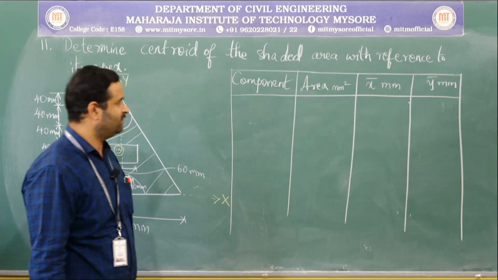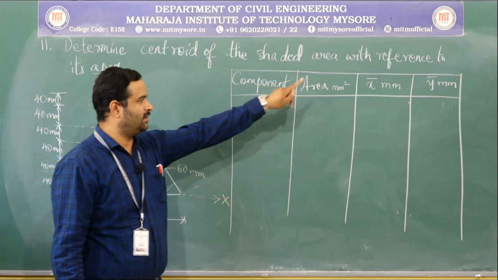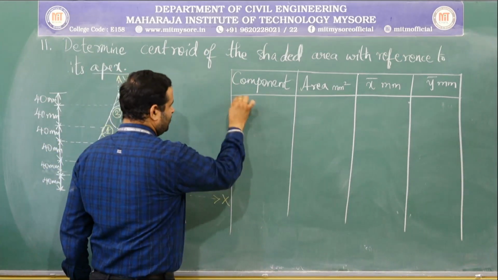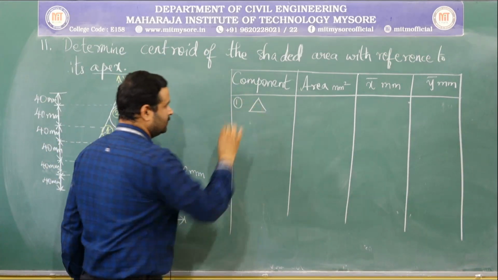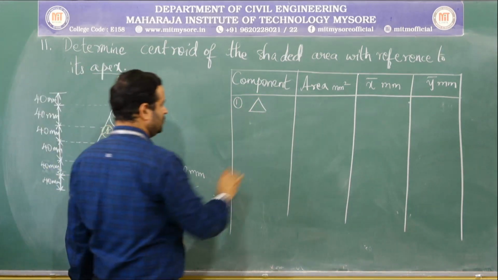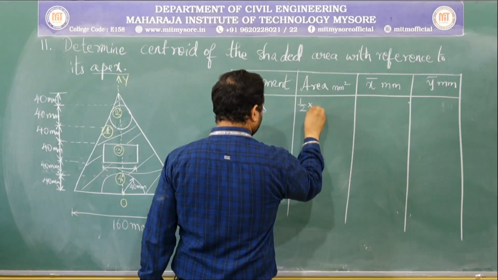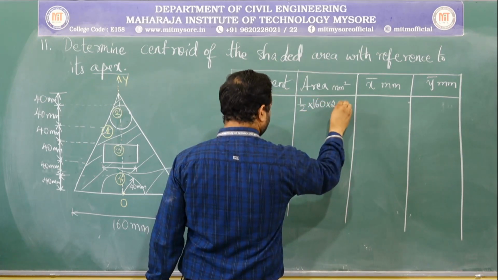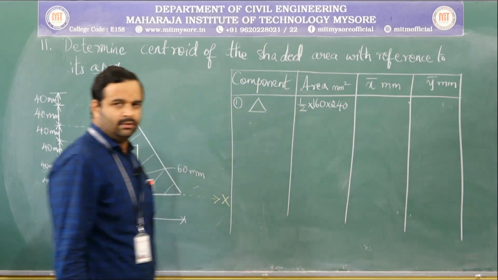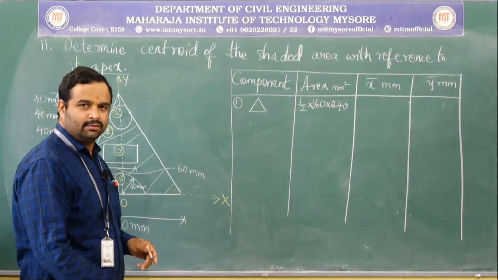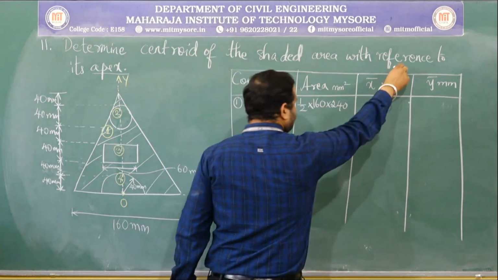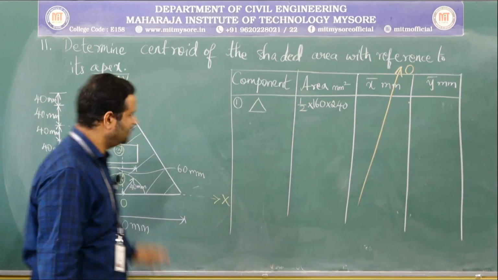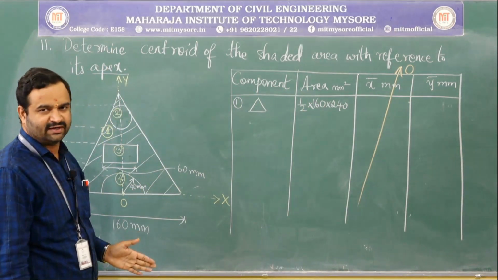So, this is the table to be filled: component, area, x bar and y bar. What is component 1? Component 1 is a triangle whose area is half into 160 into 240 mm square. What about the x bar column? The entire column should be made equal to 0 because it is symmetrical about the y axis.